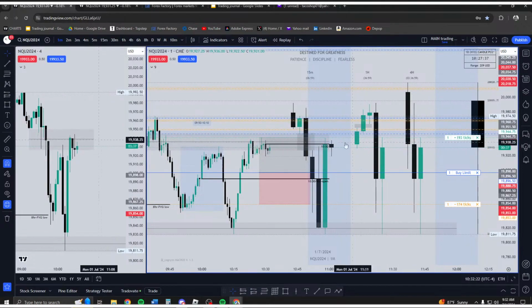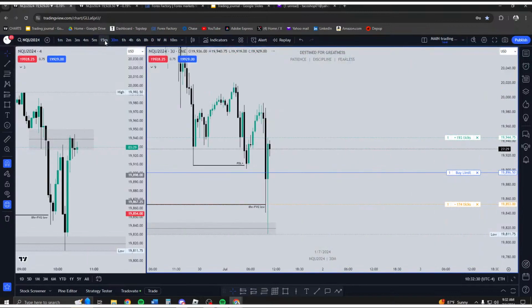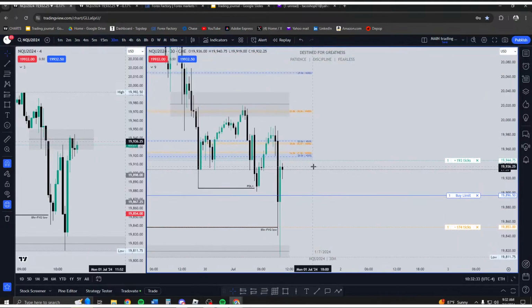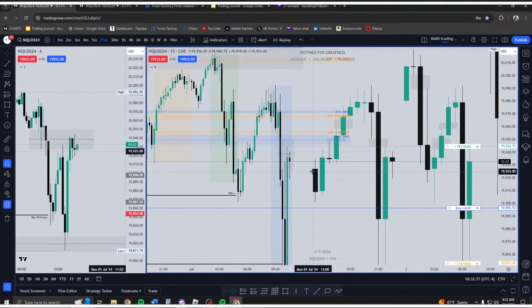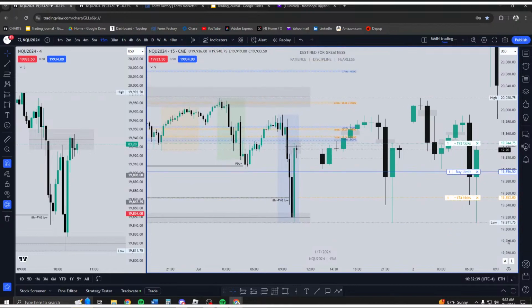And if we take out that 15-minute high, then I'm just not going to take the trade. This is based off of the 15 and 30-minute power of 3. I do want to see us rebalance this 30-minute FVG here. But if we don't get a retracement back, then it's cool.